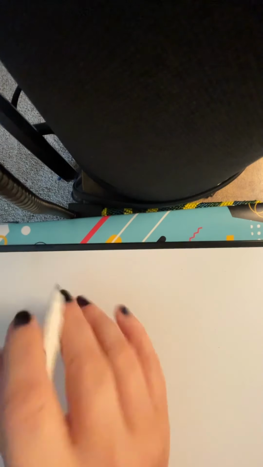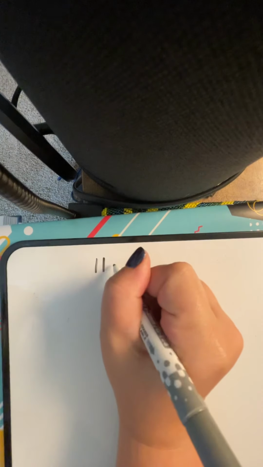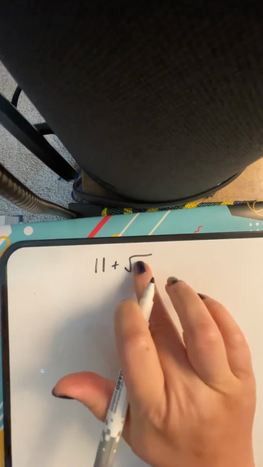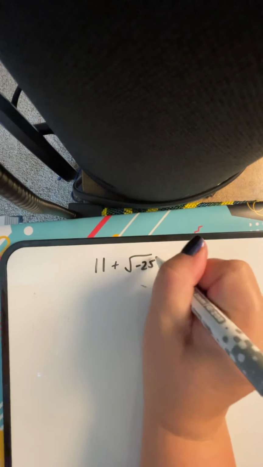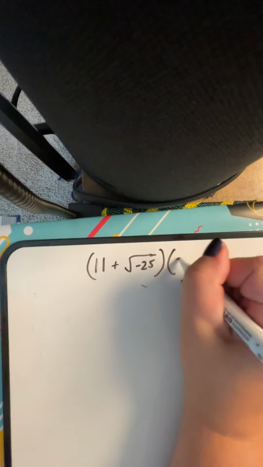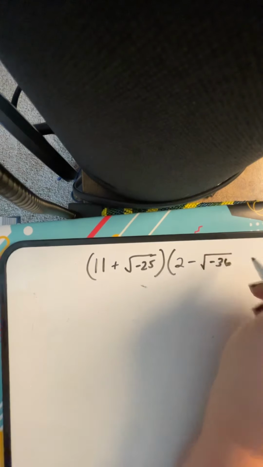So let's say I have 11 plus square root of negative 25 times 2 minus the square root of negative 36.